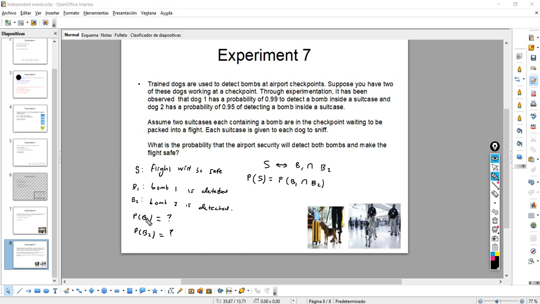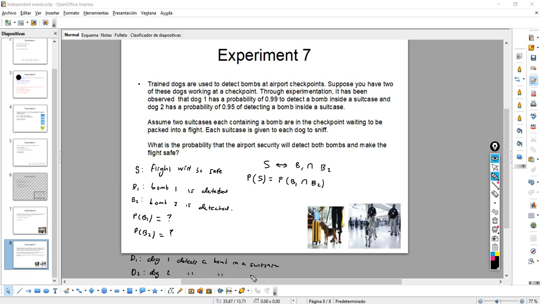And I can also interpret these two events as a combination of even further events. What events? If I'm gonna write it here, event D1, which is that dog 1 detects a bomb in a suitcase, and D2 is the event in which dog 2 does the same for the particular suitcase.